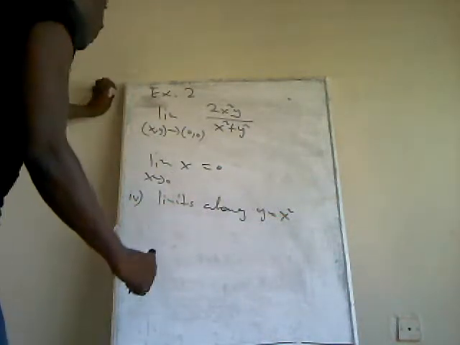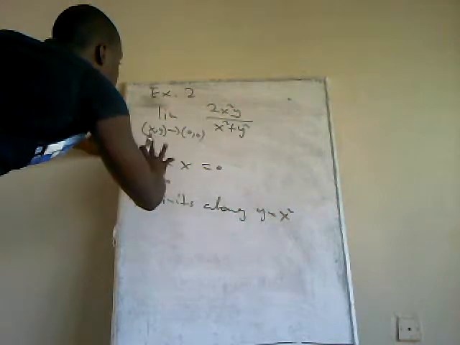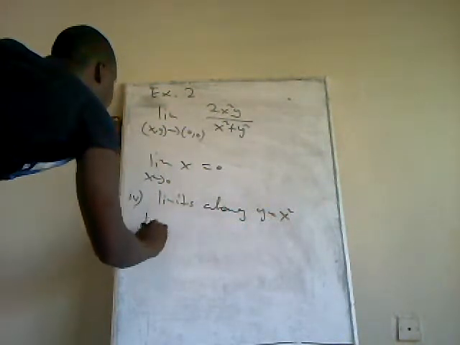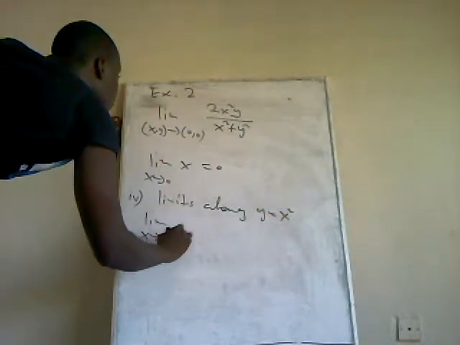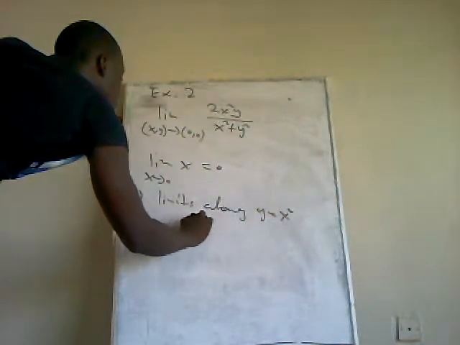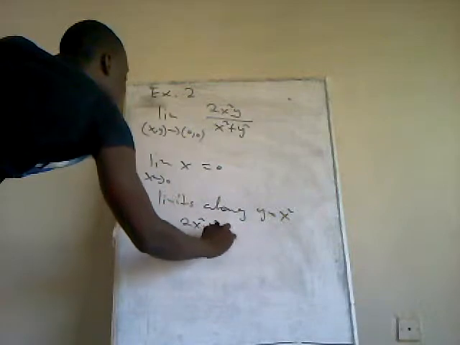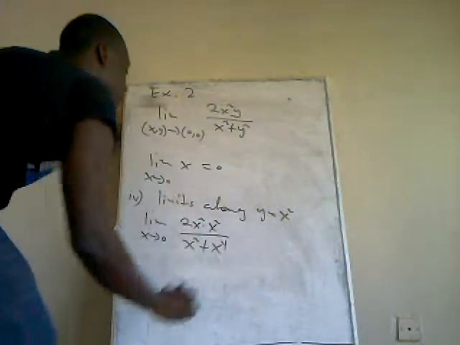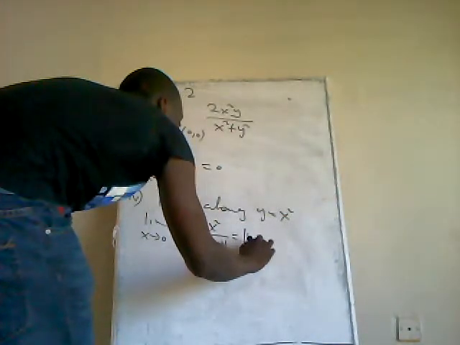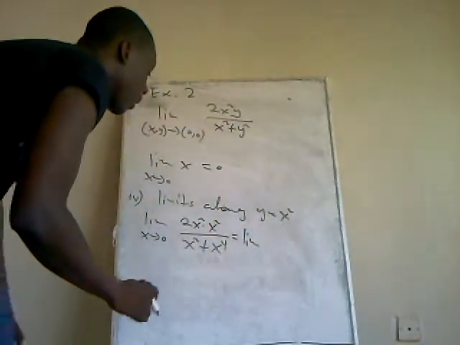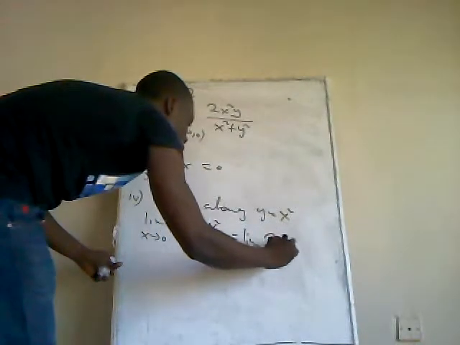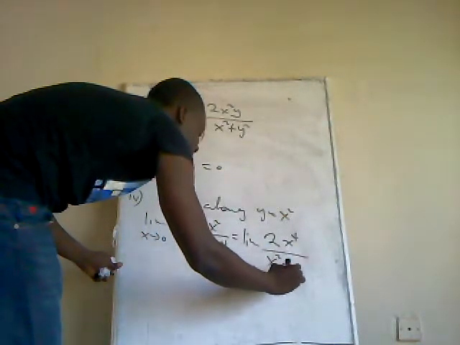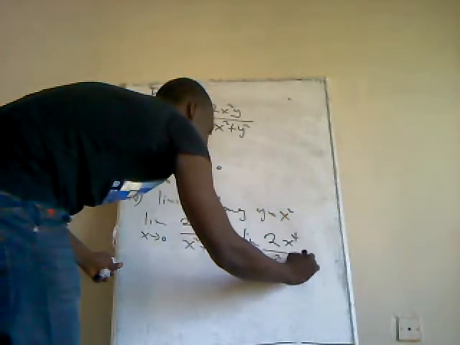Then I'm going to get the limit as x approaches 0 of 2x squared times x squared all over x squared plus x to the power 4. Now the top becomes 2x to the power 4 all over x squared plus x to the power 4.